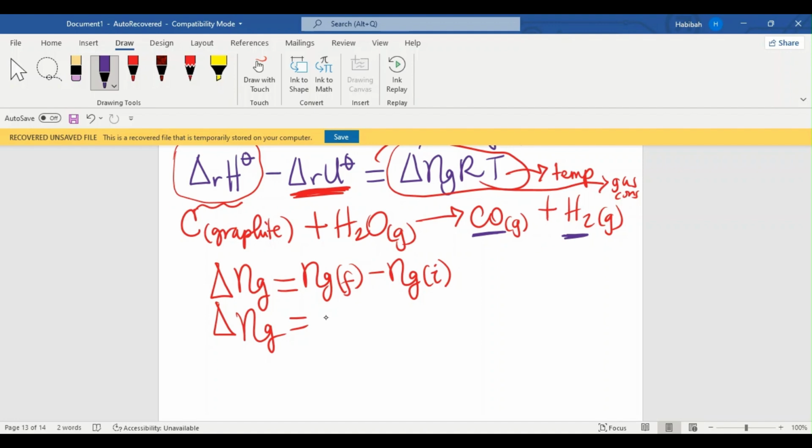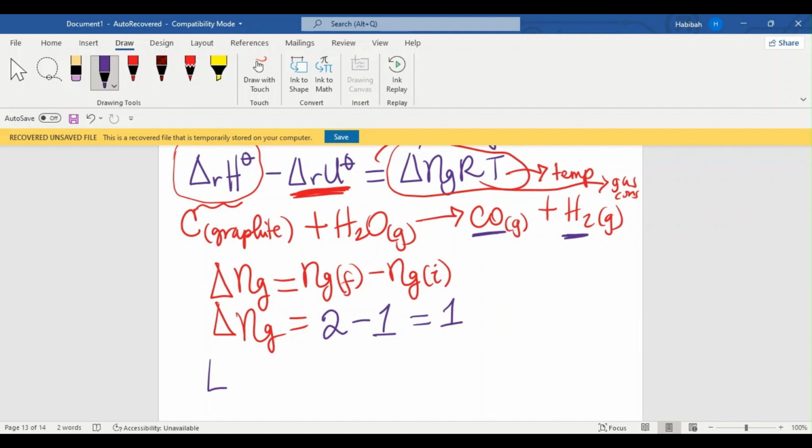So we have two gas molecules after the reaction takes place. Now, for the reactant, before the reaction occurs, we have just one H2O gas molecule. So 2 minus 1 is 1. So this answer is 1.